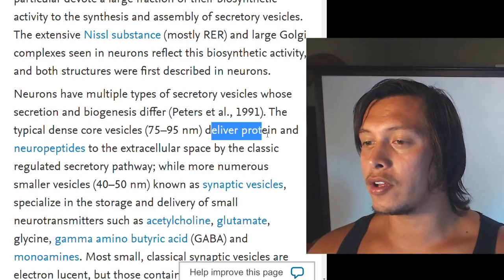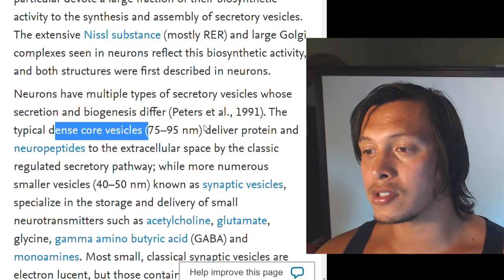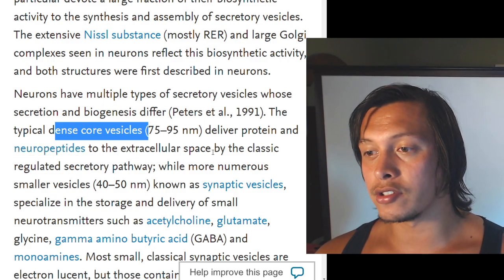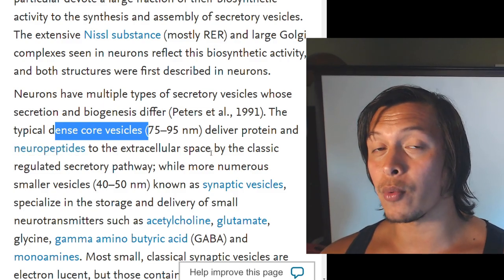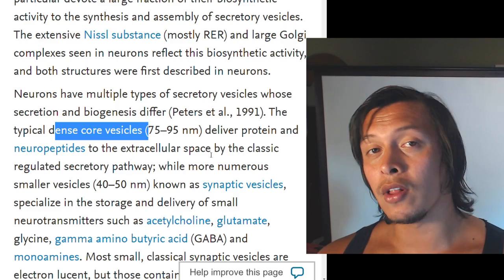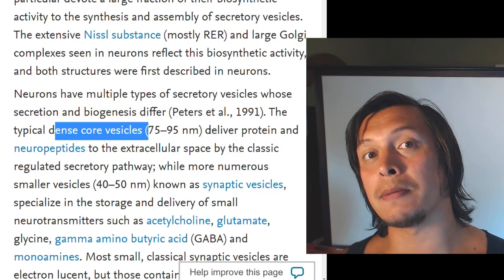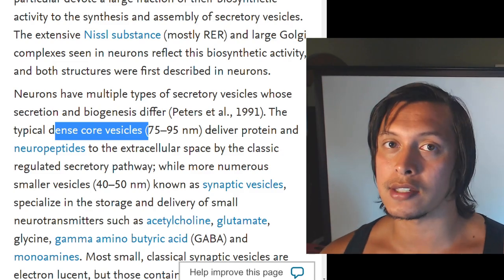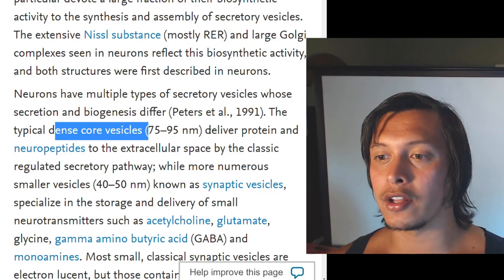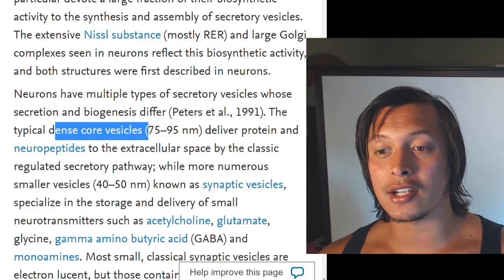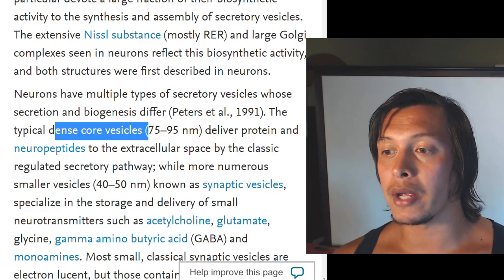Regardless, these dense core vesicles deliver protein and neuropeptides to the extracellular space. They are bubbles within the cell, but when these bubbles move to the cell membrane, they basically pop and release their contents into the extracellular space. And this is done by the classic regulated secretory pathway.